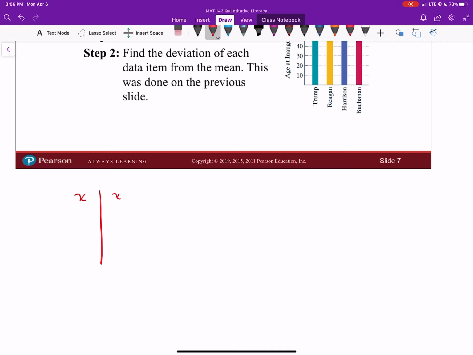Then we have x minus x bar, then x minus x bar squared, and we can put the summation of x minus x bar squared at the bottom down here, and we'll see what that equals.